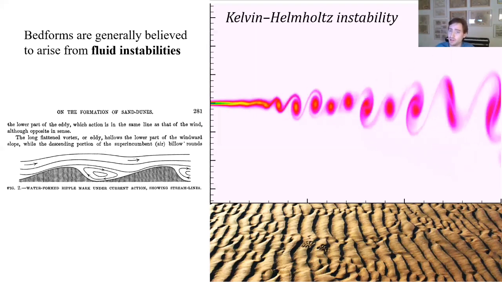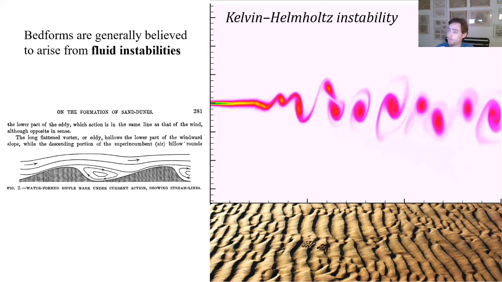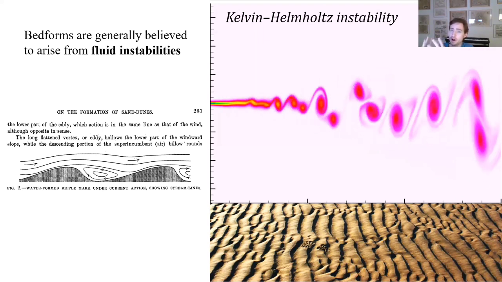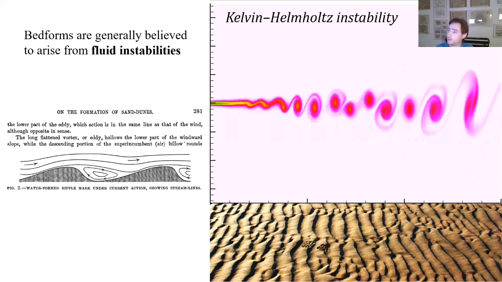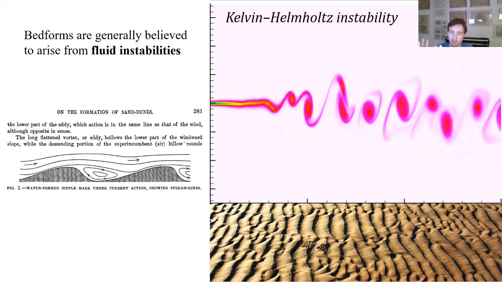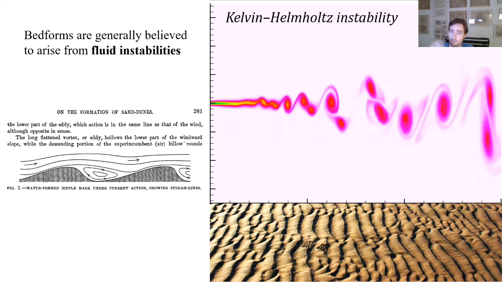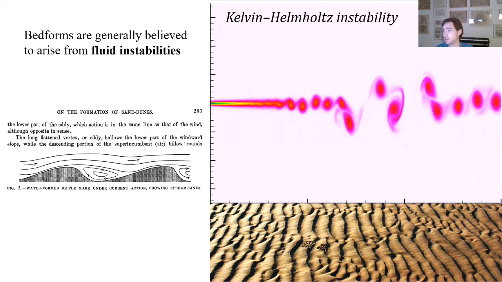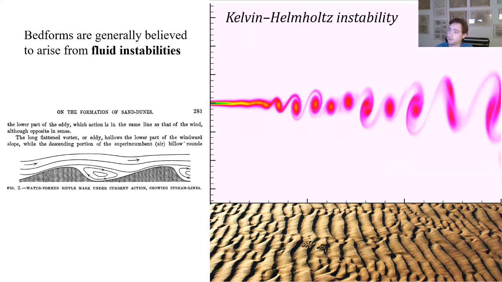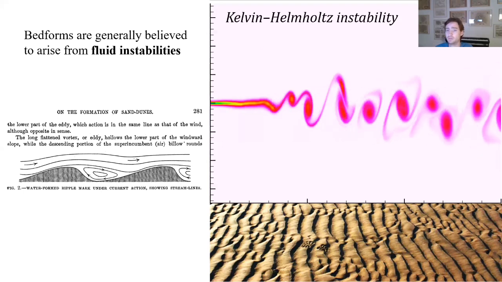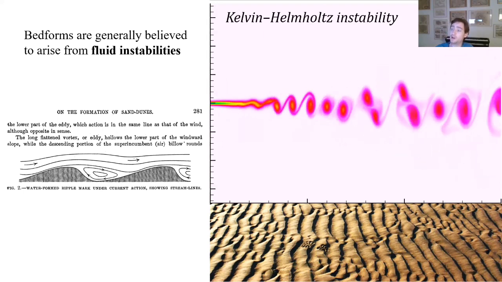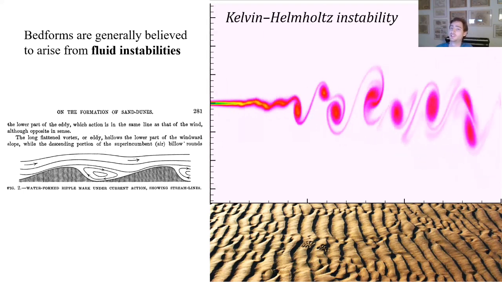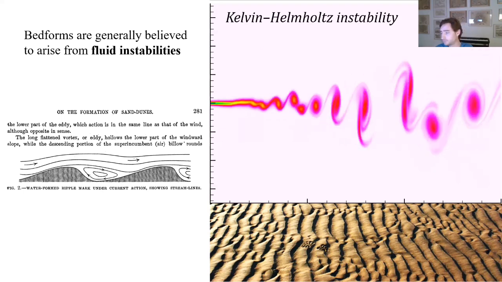Now this seems quite simple, but it's actually different from the dominant perspective on why bedforms exist, because the dominant perspective really revolves around fluid instabilities. There are many different theories and ideas, and most of them involve things like the Kelvin-Helmholtz instability, which is a train of turbulent motion of fluid that generates a train of erosion and deposition across the surface.